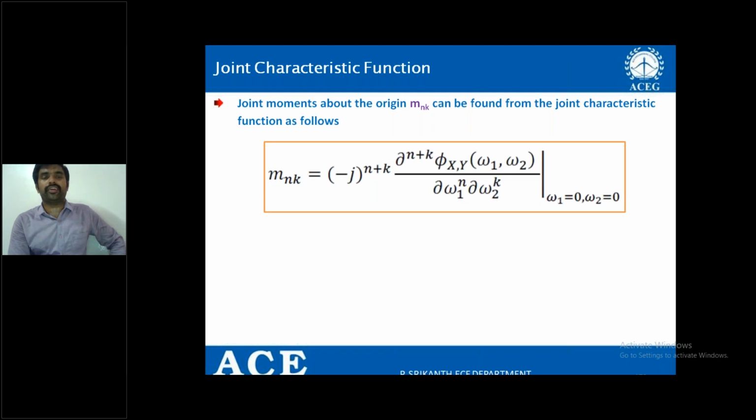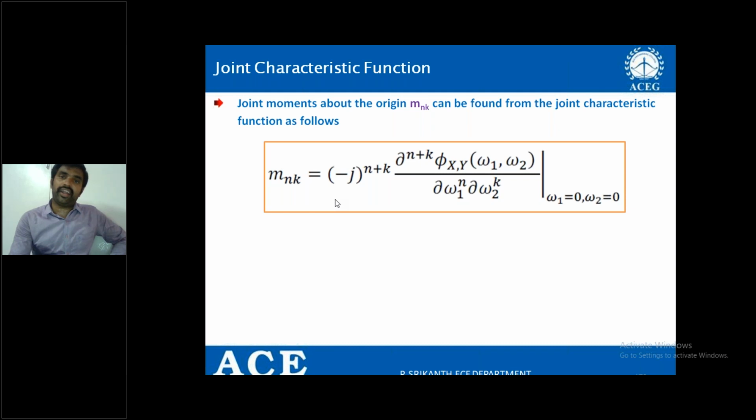How do you take the relation? In the single random variable case, we take m suffix n, but in the case of multiple random variables, we take m suffix nk, and there the order of the moments will be defined by two variables, that is n and k, and we can write the definition here.